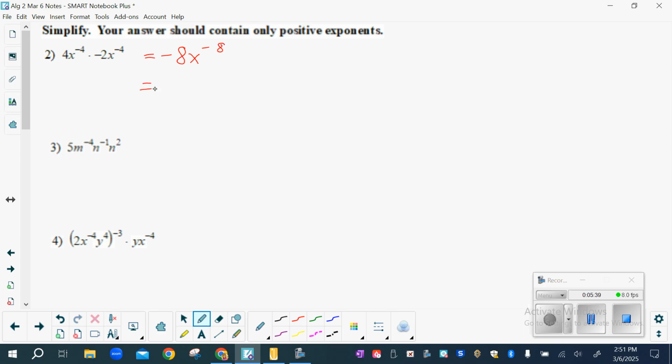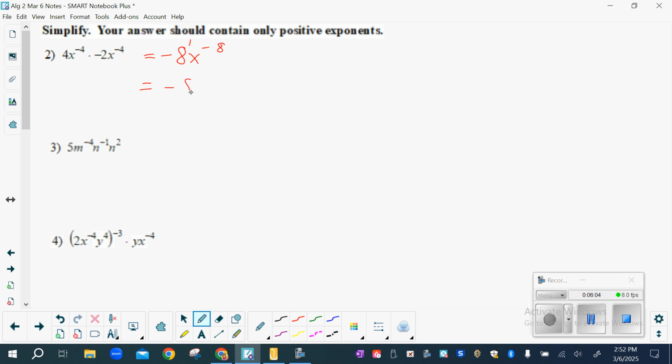So this -8, does it have a negative exponent? No. What is the exponent on the -8 if there's nothing there? It's assumed to be what number? A 1. That exponent is not negative. We leave it where it is. It stays up on the top.